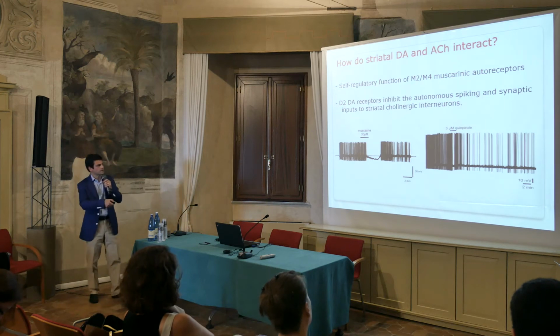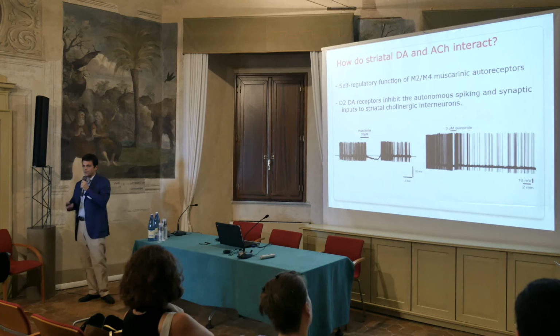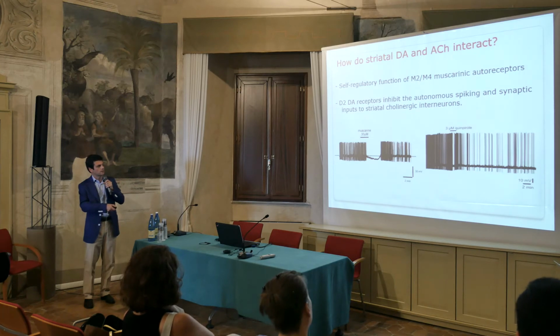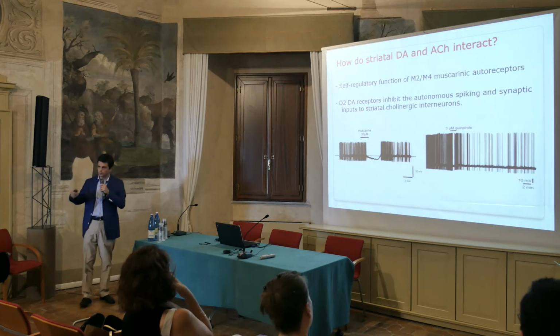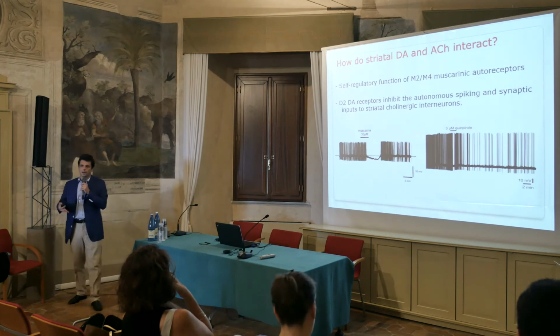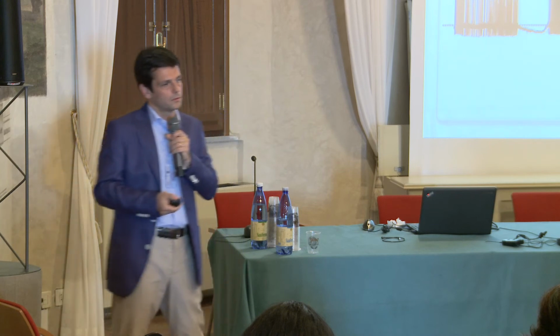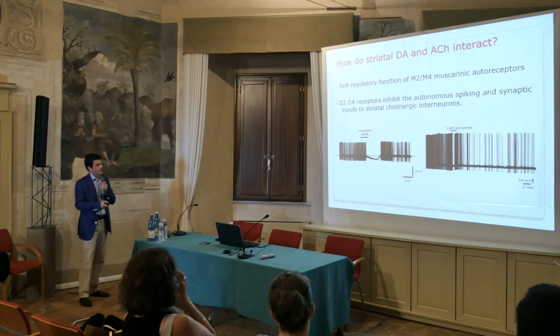So if you give muscarine, which is, of course, a cholinergic muscarinic agonist, you see that these cells stop firing, hyperpolarizing, and then eventually, when you stop to perfuse muscarine, they go back and they start again to fire. So they have a self-inhibition through M2 and M4 autoreceptors.